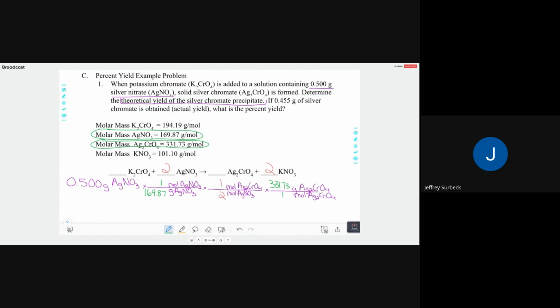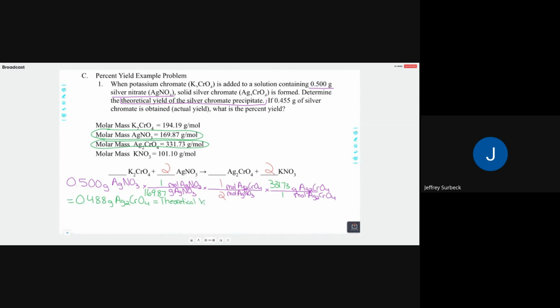And I get this specific number. I get 0.488 grams of my Ag2CrO4. Now, this right here, I want to add just one more little note here. This is what we should get ideally or theoretically.